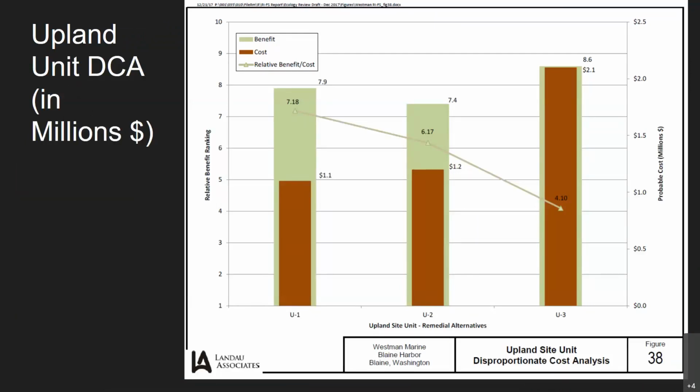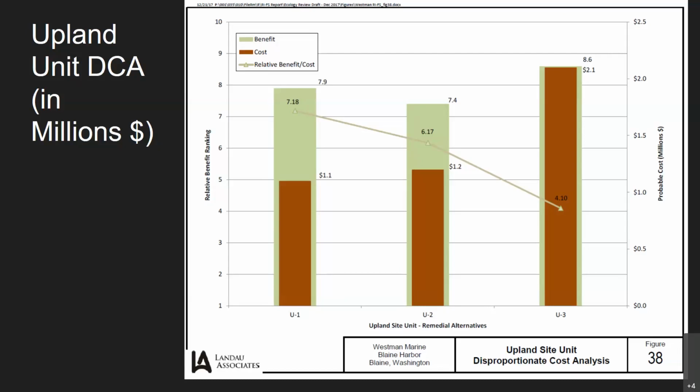In this case, using this diagram, you can see that the first alternative has the best combination of lower cost and environmental benefit. It makes it the best choice, and that was the choice that was made for cleanup on this site.